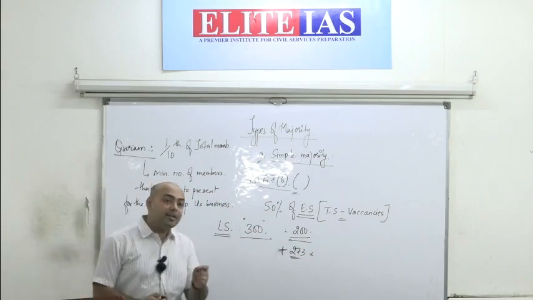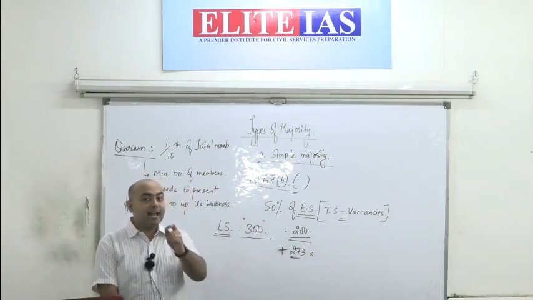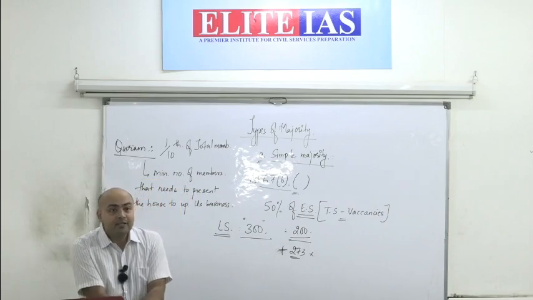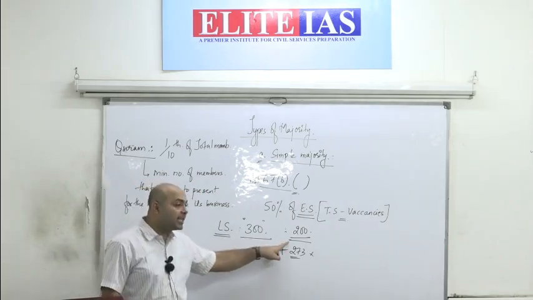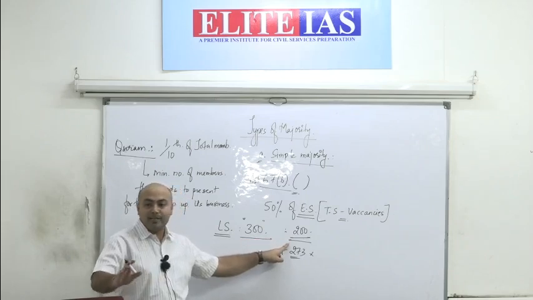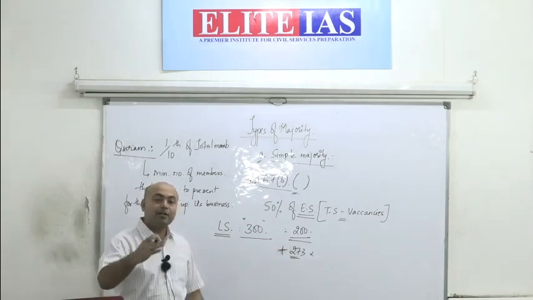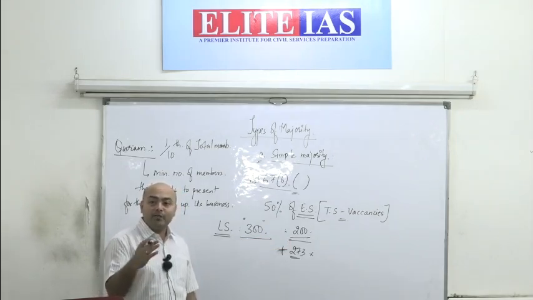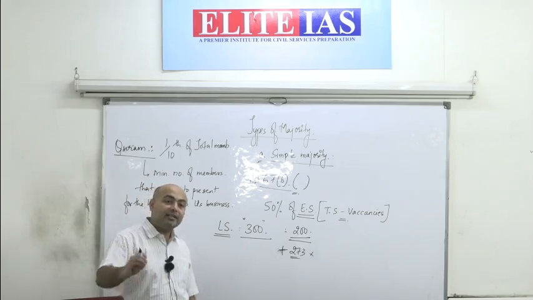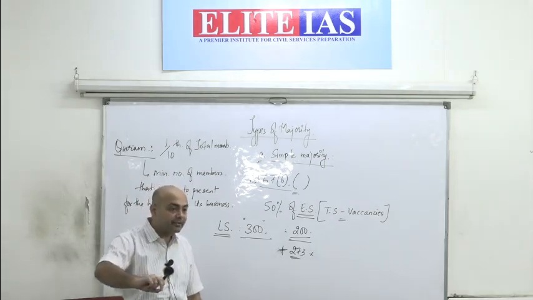If you compare the first type of majority, under Article 249 and Article 312, the condition is satisfied because 2/3 members have voted in favor of the bill or the resolution passes. But when you take up the kind of majority mentioned under Article 368, there is an additional condition that you have to satisfy.